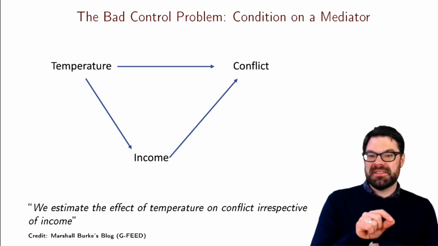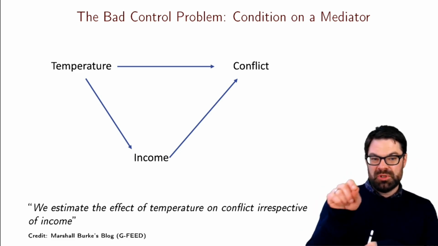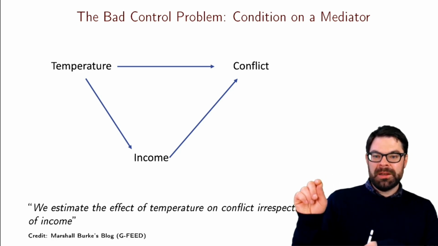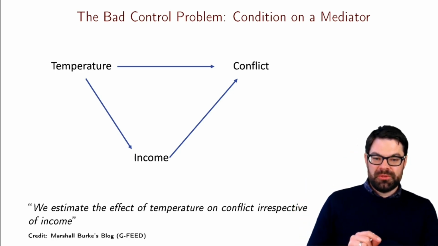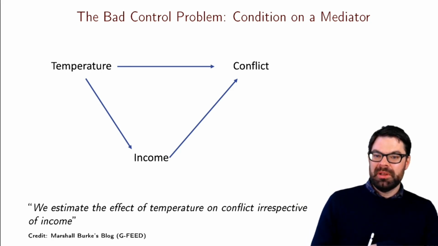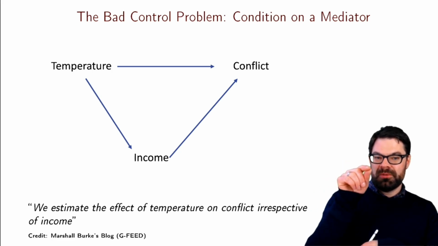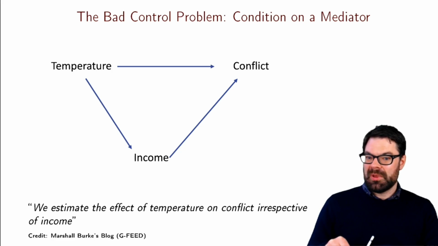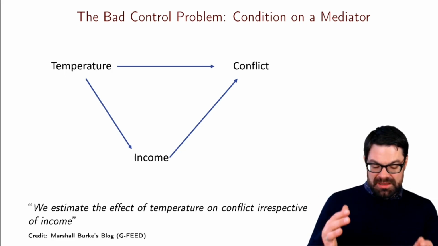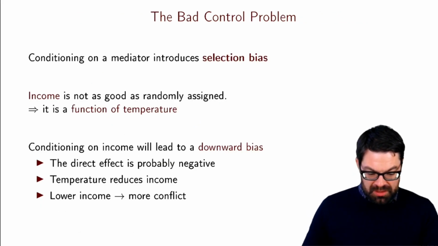So you have two paths here, a direct one from temperature to conflict, and an indirect one through income, right? And so now if you control for income, you actually bias the relationship between temperature and conflict that you're actually interested in. And so therefore that is obviously a huge problem.